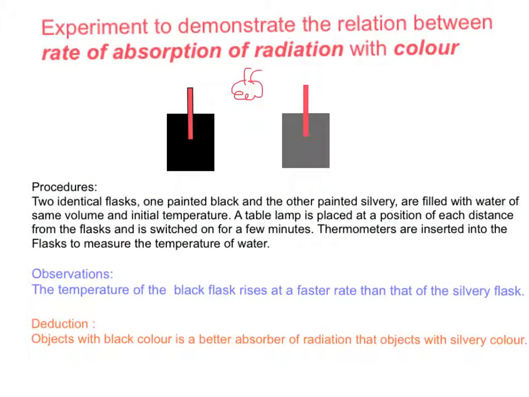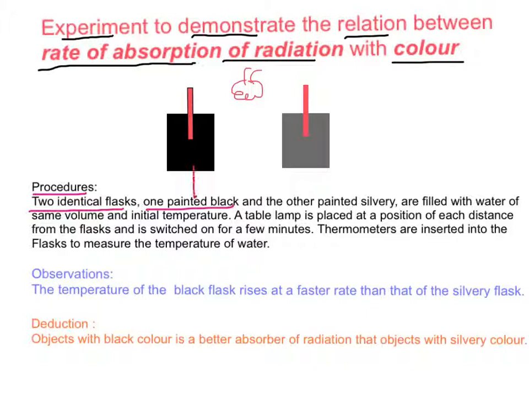Now, let's study an experiment to demonstrate the relation between the rate of absorption of radiation and color. The procedures are: we have two identical flasks, one painted black and the other painted silvery. They are filled with water of the same volume and initial temperature.